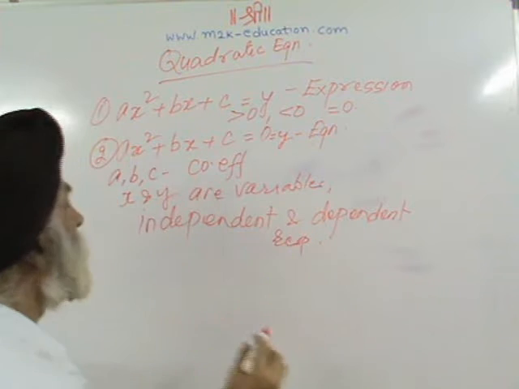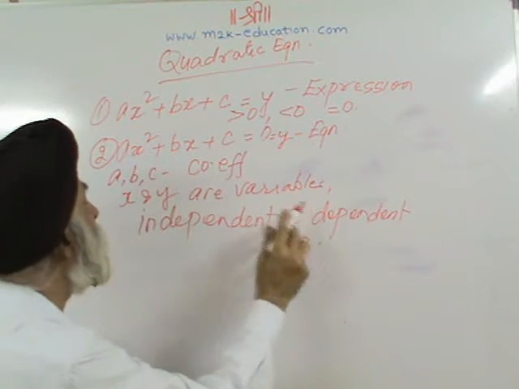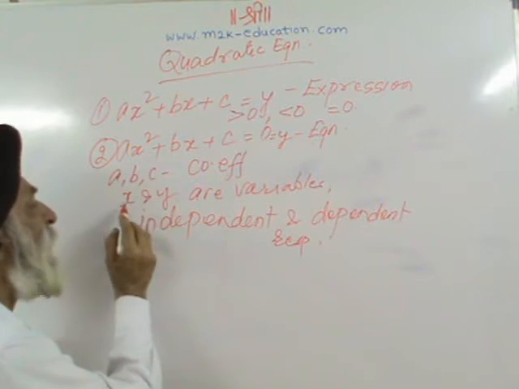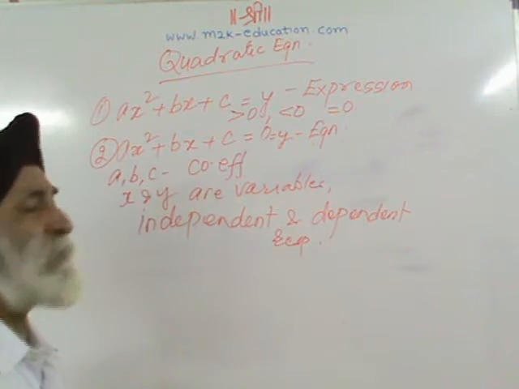Means the independent variable is x and the dependent variable is y, so that you should not get confused about it.